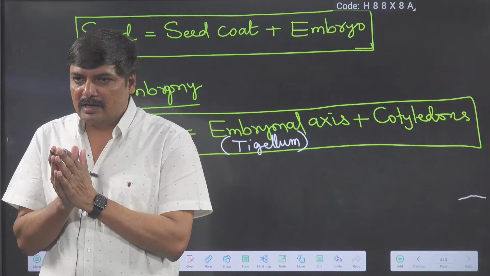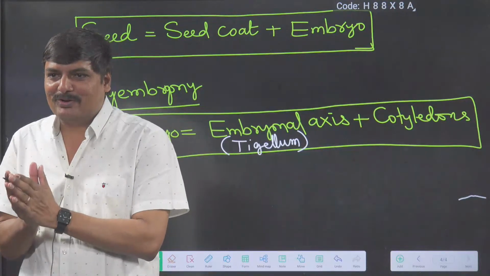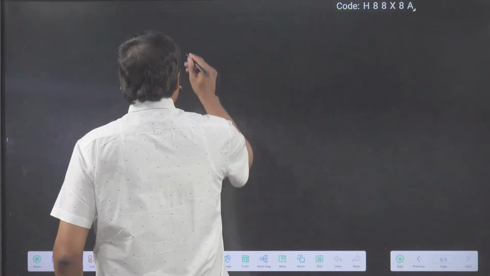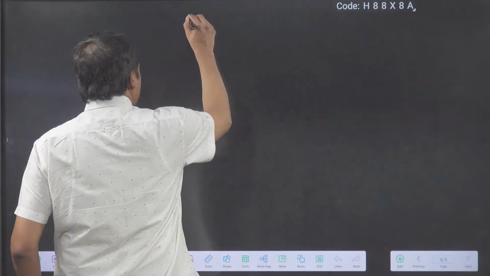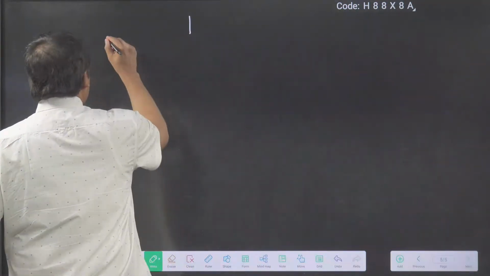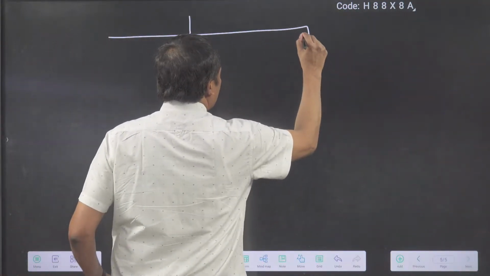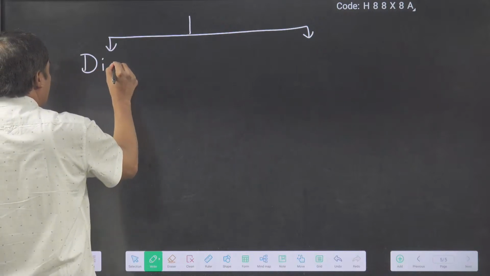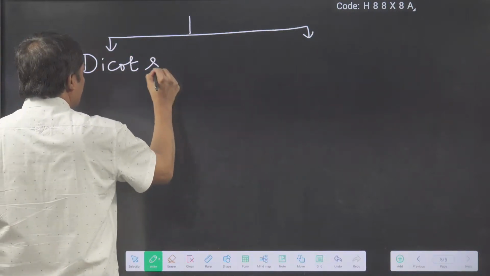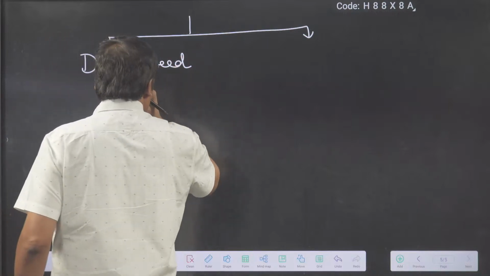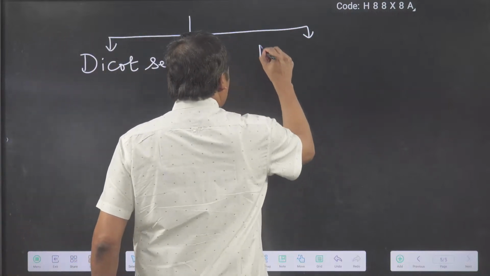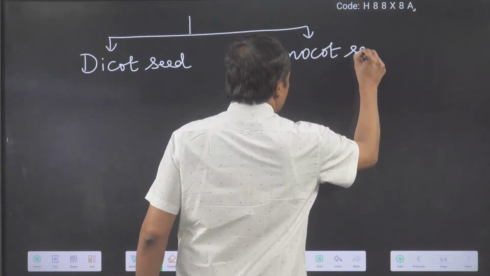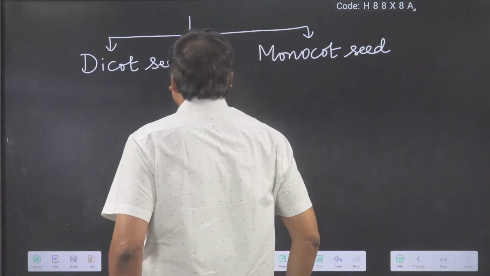Based on the number of cotyledons in the embryo, the seeds are divided into two types, namely dicot seed and monocot seed.